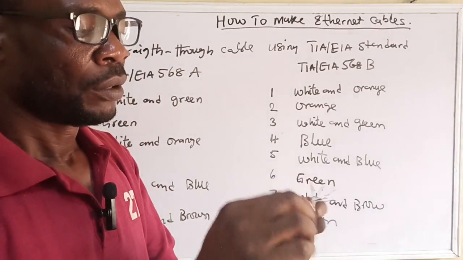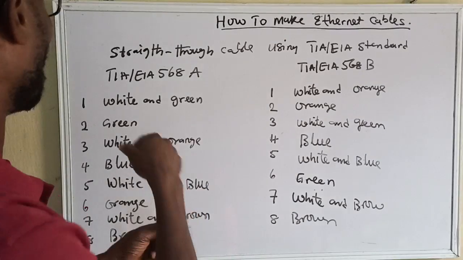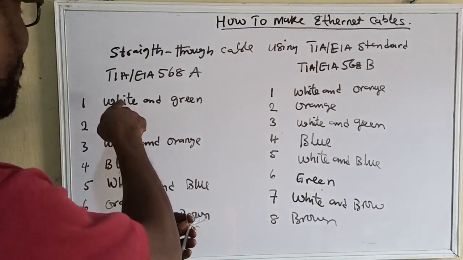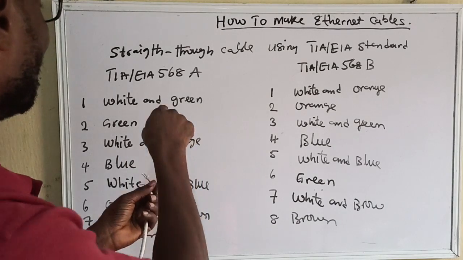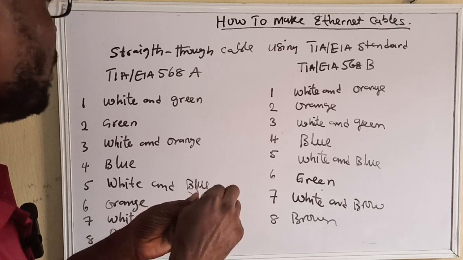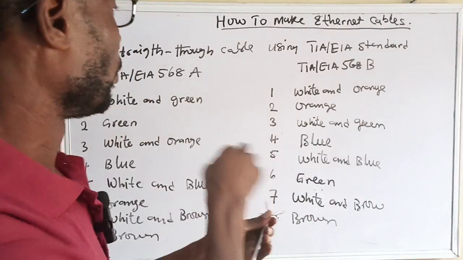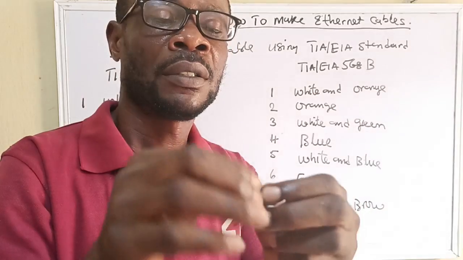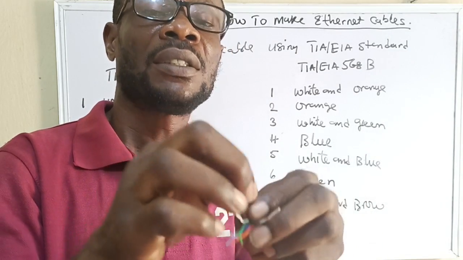Now, to make a straight through cable, we need to select number one. Number one is white and green, white with a green stripe. We have to select it.